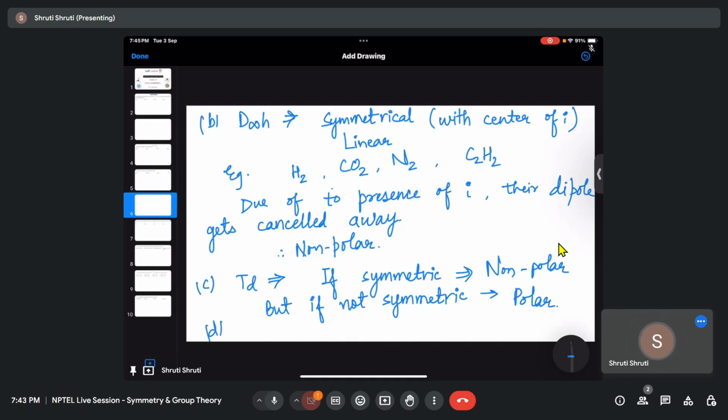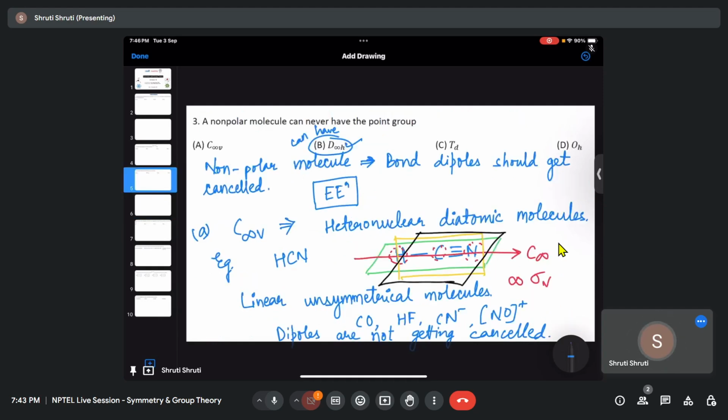And option D is also the same. Octahedral: symmetric, non-polar, and not symmetric, will be polar. Okay. So the question is, a non-polar molecule can never have, so it can never have C infinity V.